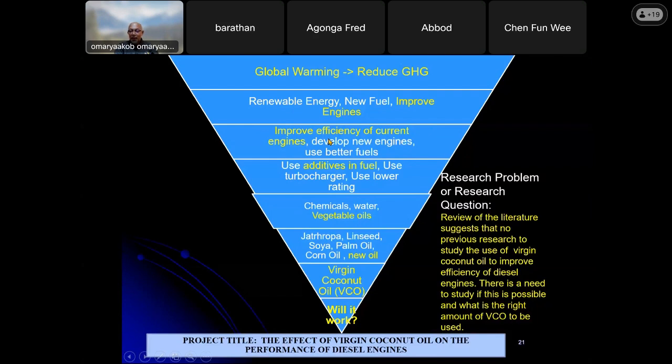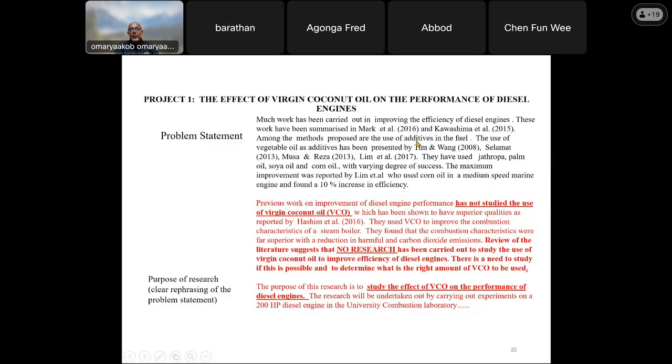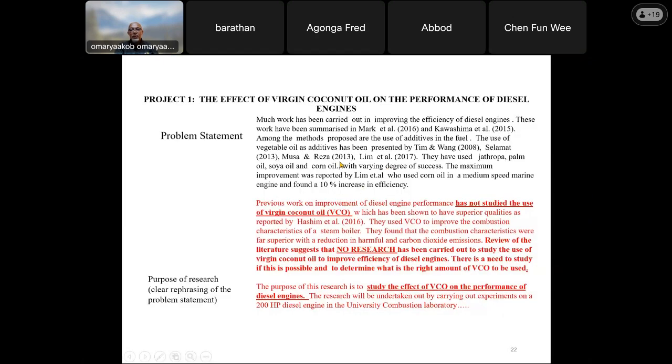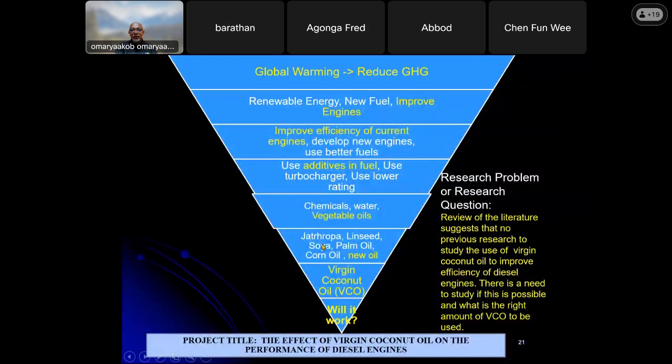Among the methods proposed are the use of additives in fuel. One of the methods being suggested is to use additives. So among the additives is vegetable oil. So of course it goes into vegetable oil. The use of vegetable oil as additive has been presented by Tim and Wang, etc. They have used this, which is the people that were mentioned just now.